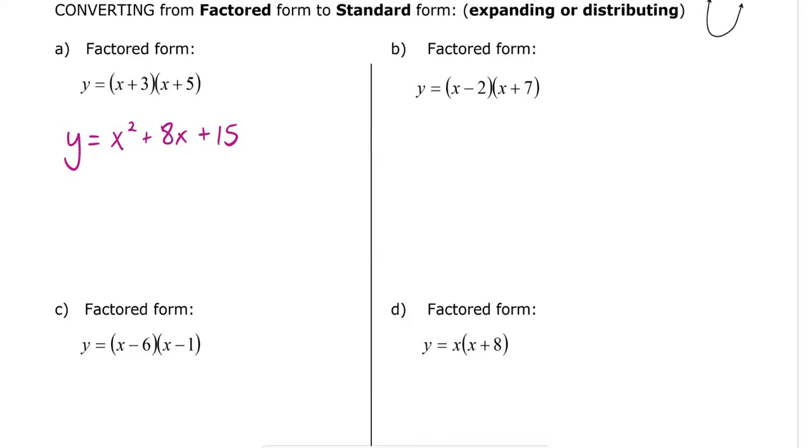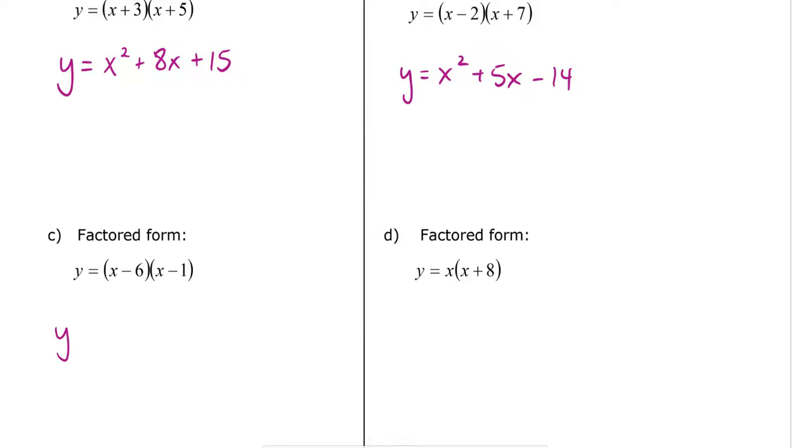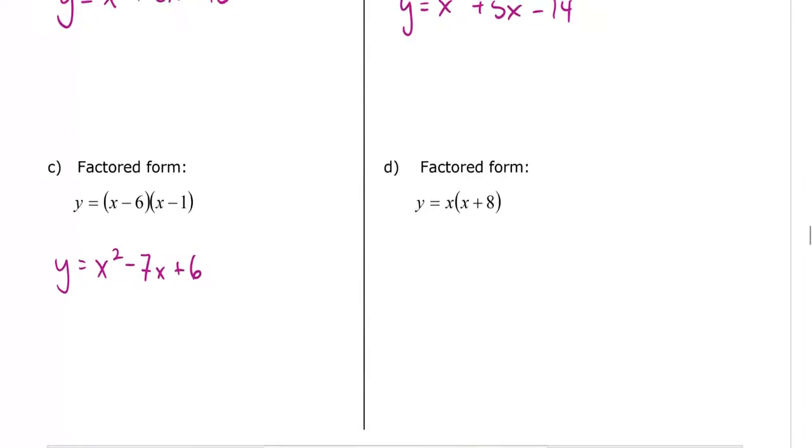For part B, y equals x squared plus 5x minus 14. For part C, y equals x squared minus 7x plus 6. And for part D, y equals x squared plus 8x.